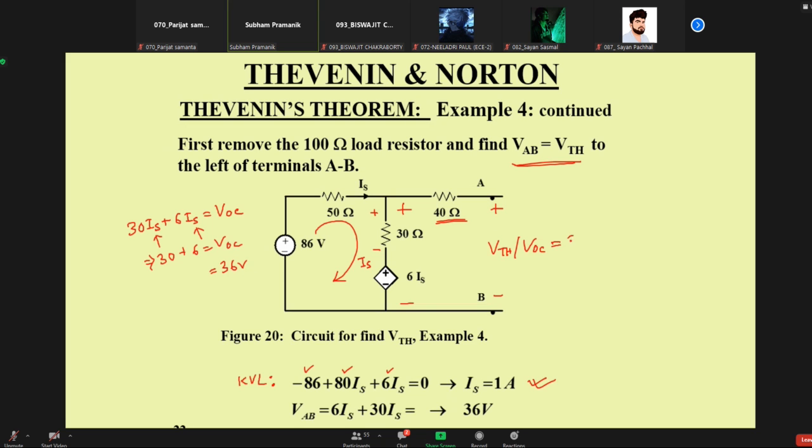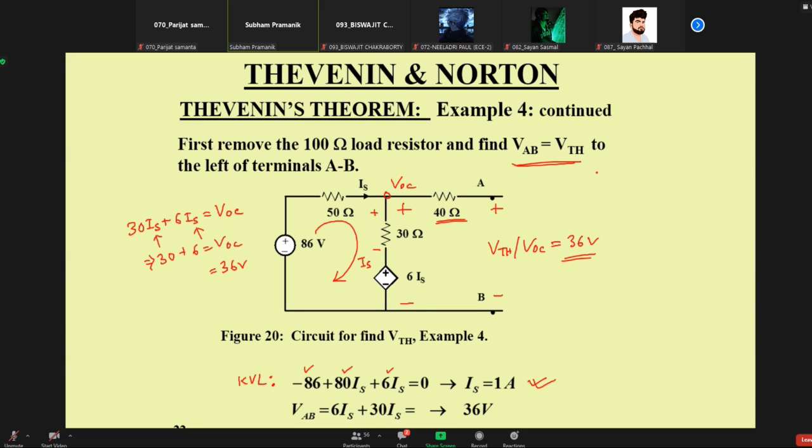So we get this value. So first two steps are done. We have identified the load, I disconnected it. After that, we found the voltage, which is 36 volt. You can also apply the node method here. You see, if VOC comes here, that means this point voltage is VOC, right?